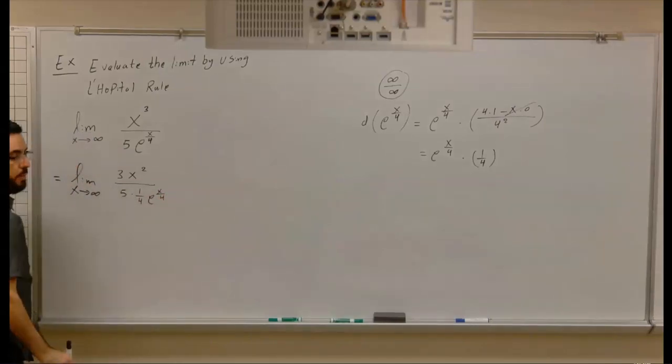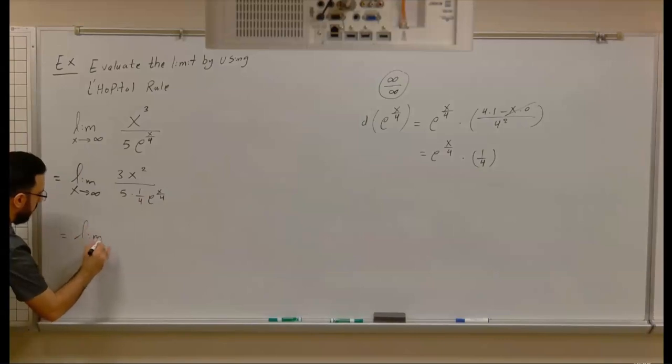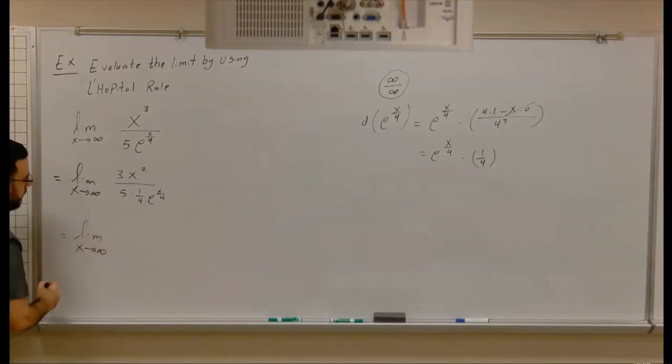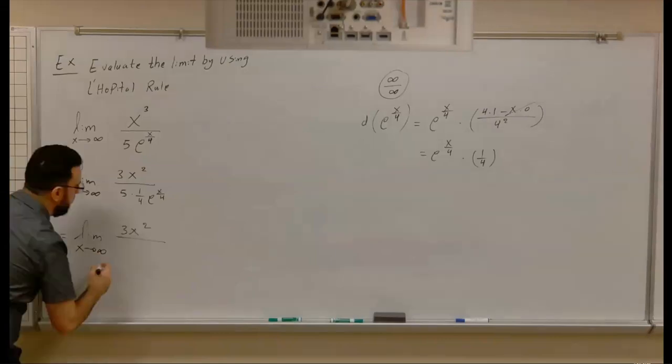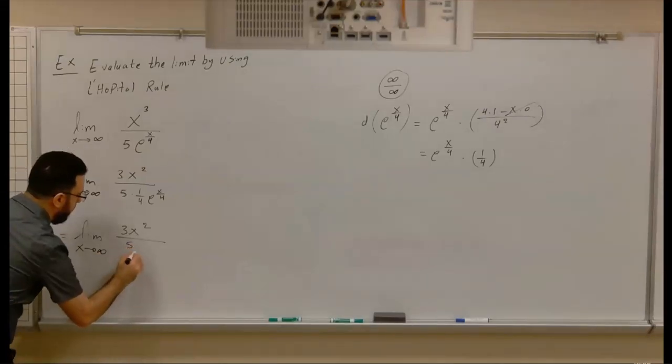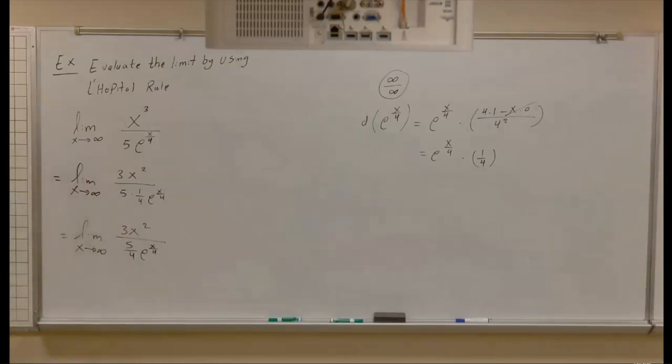That means it's going to be the limit when x approaches infinity of 3x squared divided by 5 over 4 e to the x over 4. Now let's check. If you plug in infinity, it's still the same thing.